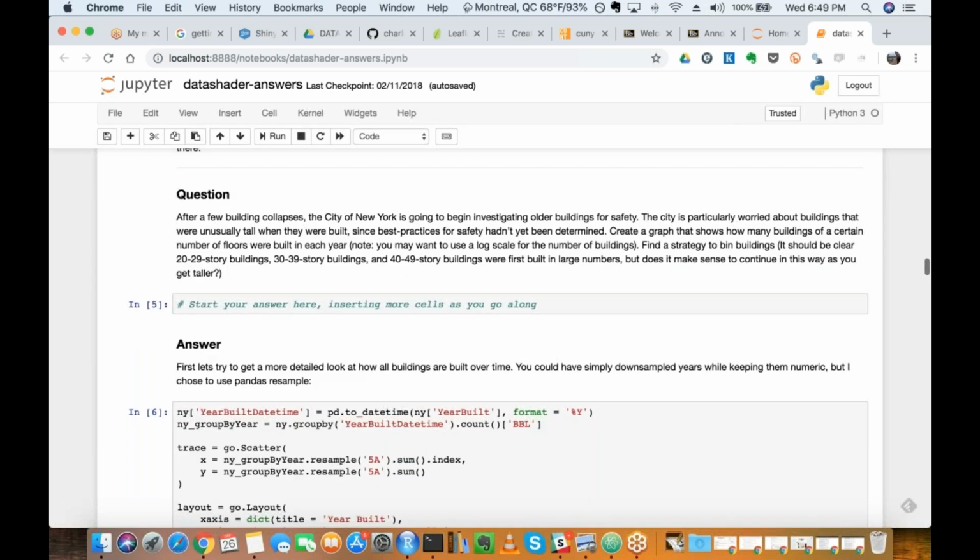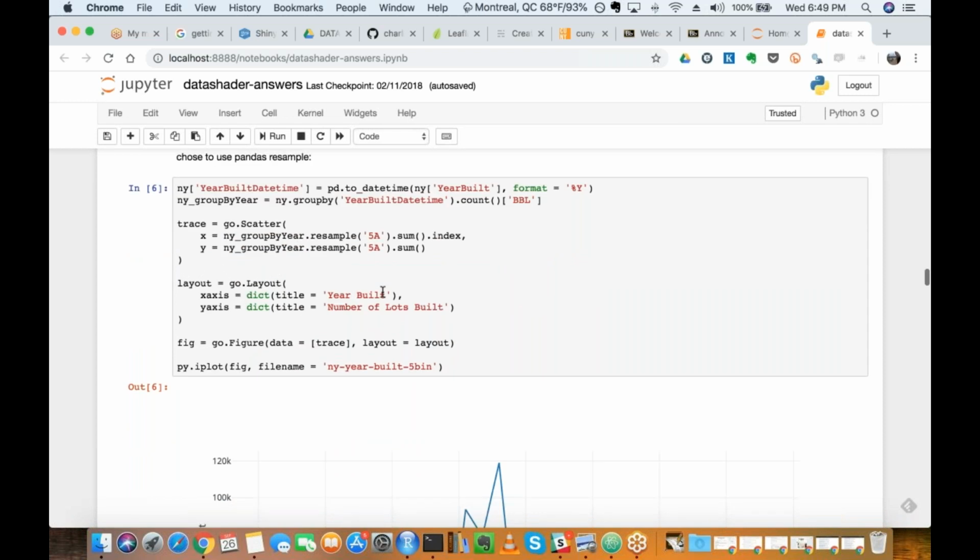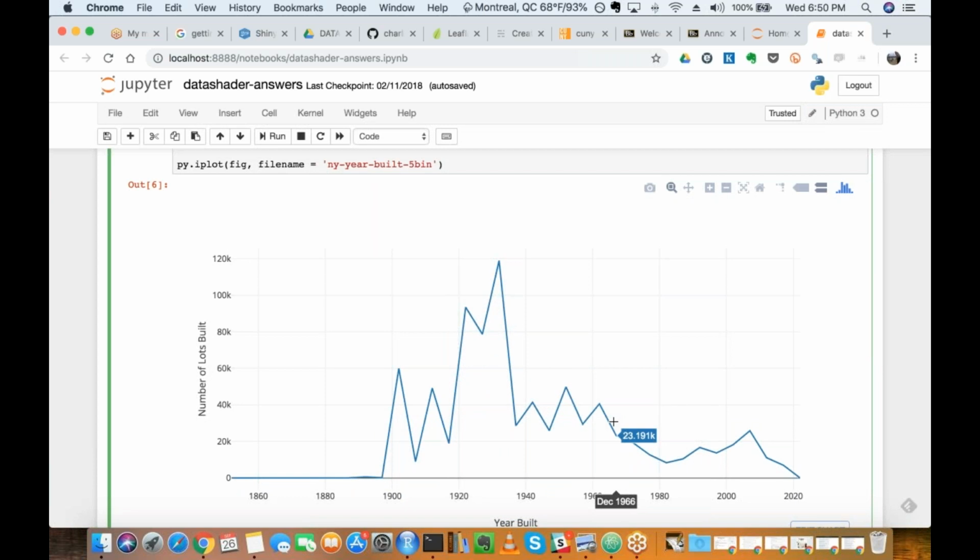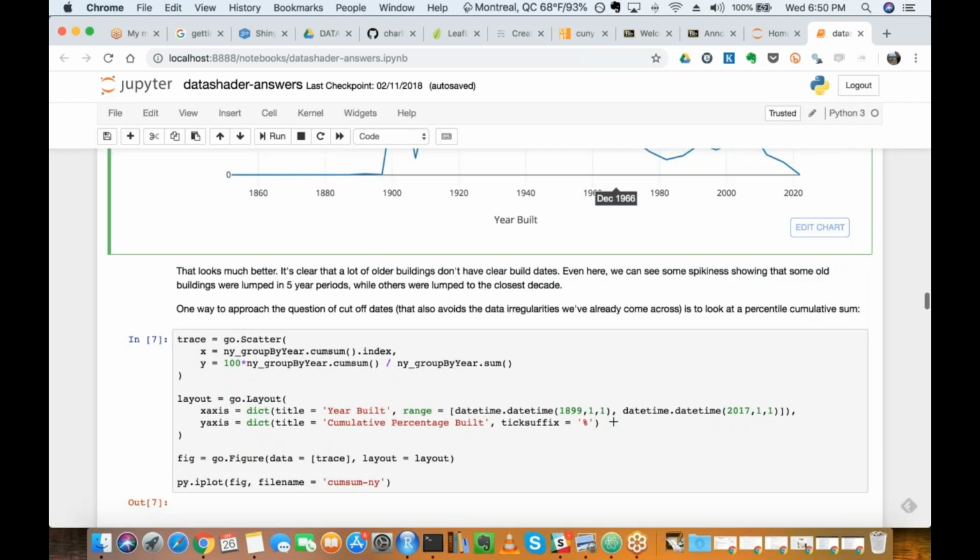I wrote here that you could downsample years while keeping them numeric, but Pandas has really good datetime functions, and you can just select that you want every 5 years and use that as the way that you're aggregating. I just chose to use that, but there's no harm in doing a more manual aggregation numerically.